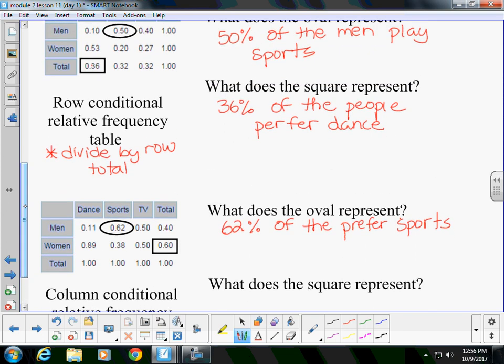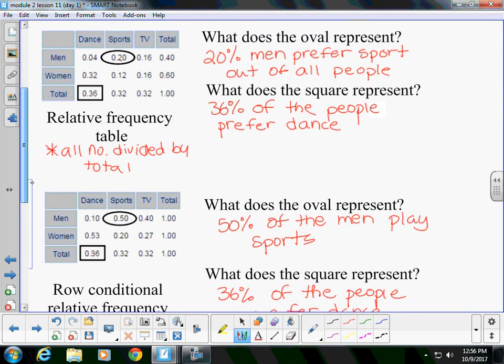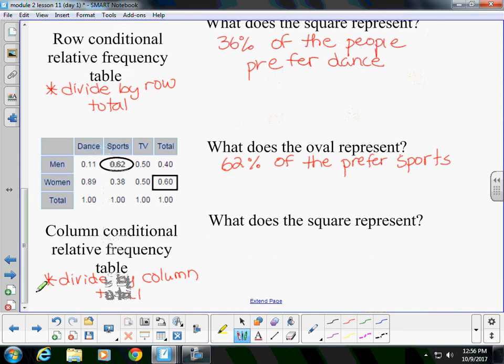Let's see how I wrote that earlier. Oops, I wrote prefer wrong here. Oh, still going to be wrong. Out of the men and women.